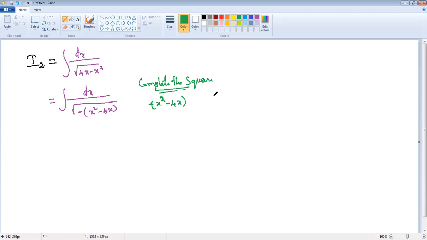You will get minus of (x square minus 4x) will be 2 square minus (x minus 2) the whole square. Now replace it there.